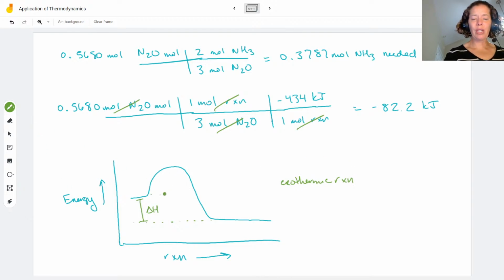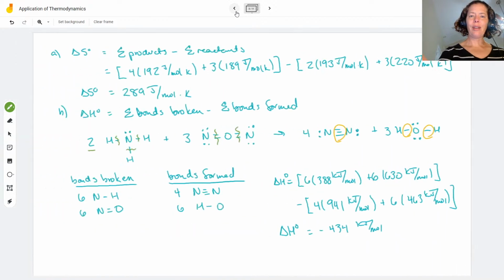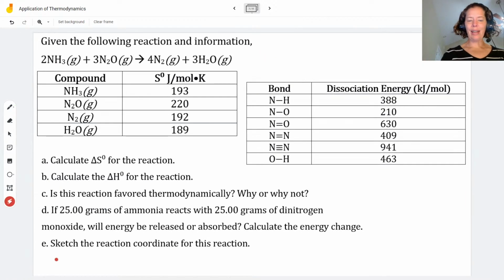And we can also mark out our activation energy. And that is just our hump right there. So this is our reaction coordinate for an exothermic reaction, which this is. Okay, so I think that is it for this last one. It was just to sketch the reaction coordinate.